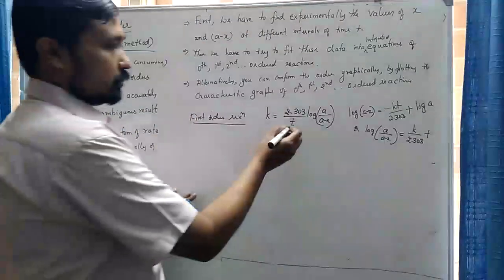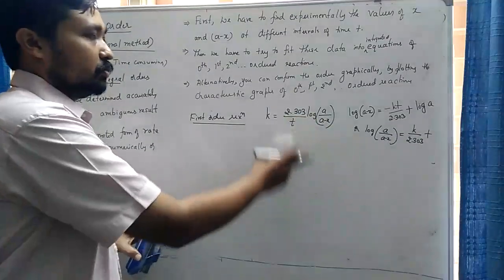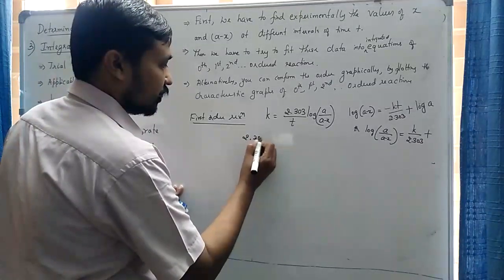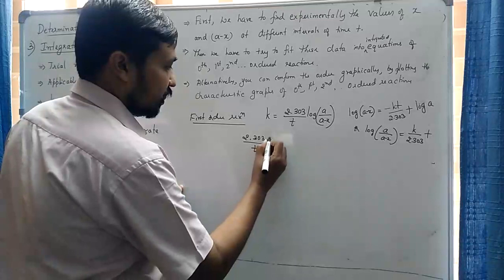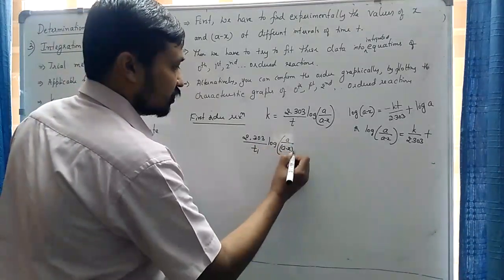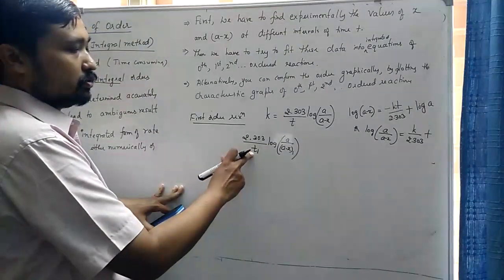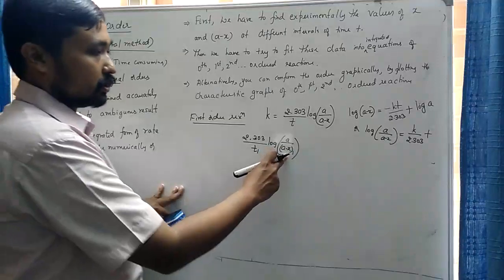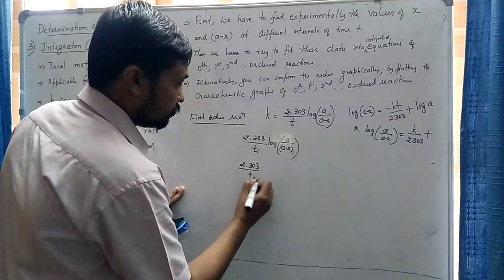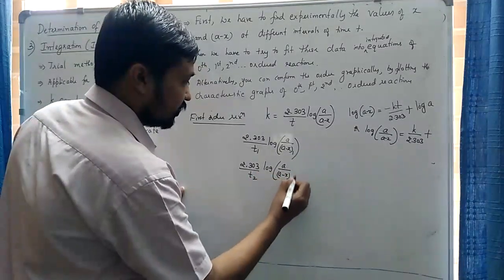First what I will try to do is, if I am verifying by numerical approach, at time t1 I will calculate 2.303 divided by t1 into log of a by a minus x1. I am substituting the data at t is equal to t1, the respective reactant concentration. Similarly, I will calculate 2.303 divided by t2 into log of a by a minus x at t2.